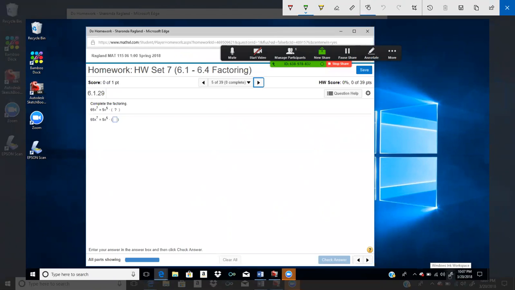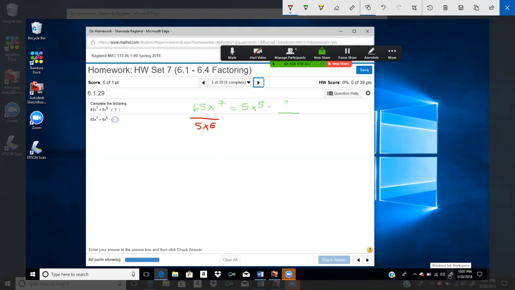If we have 65x to the 7th, and we're pulling out 5x to the 5th, it says times what's left. This is the unknown. When we pull out 5x to the 5th, it's like we're dividing by the 5x to the 5th.